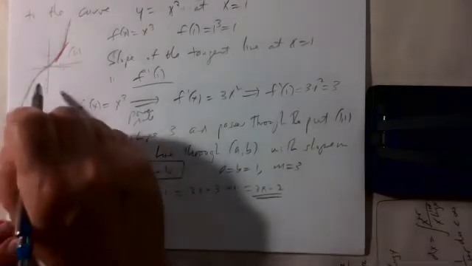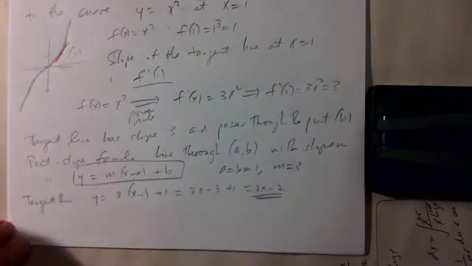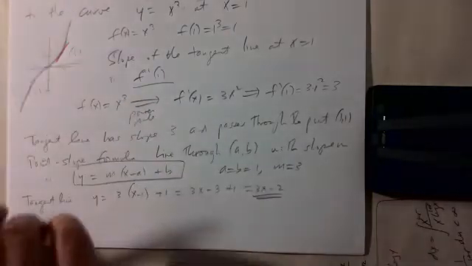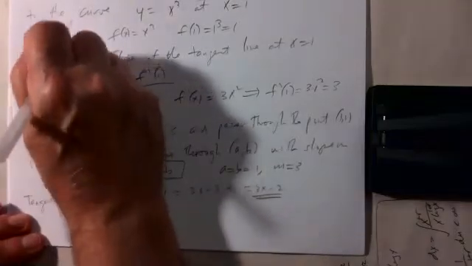So that's the tangent line. It's a line with slope 3, and the y-intercept is negative 2. So this is my line.